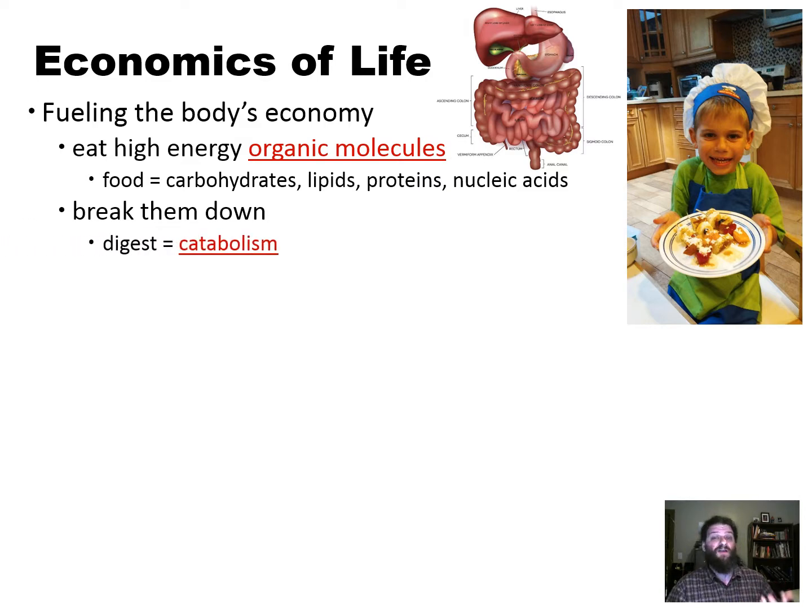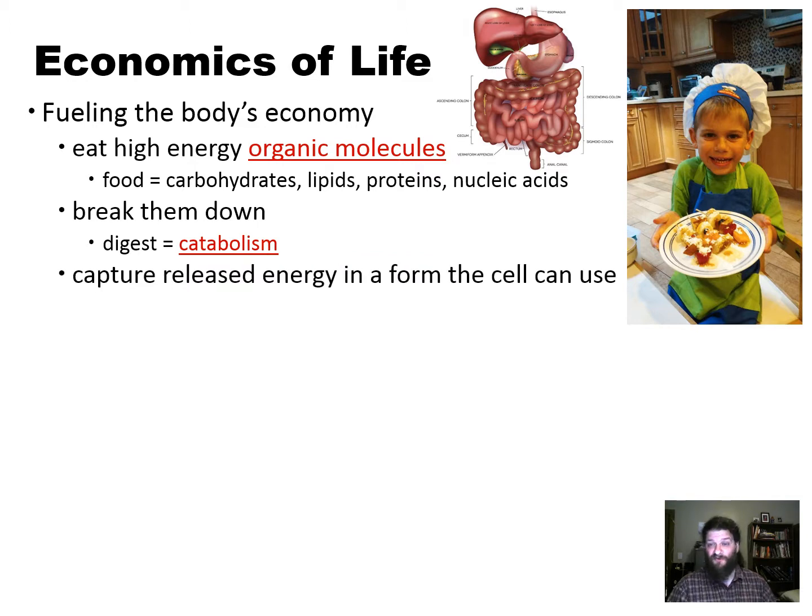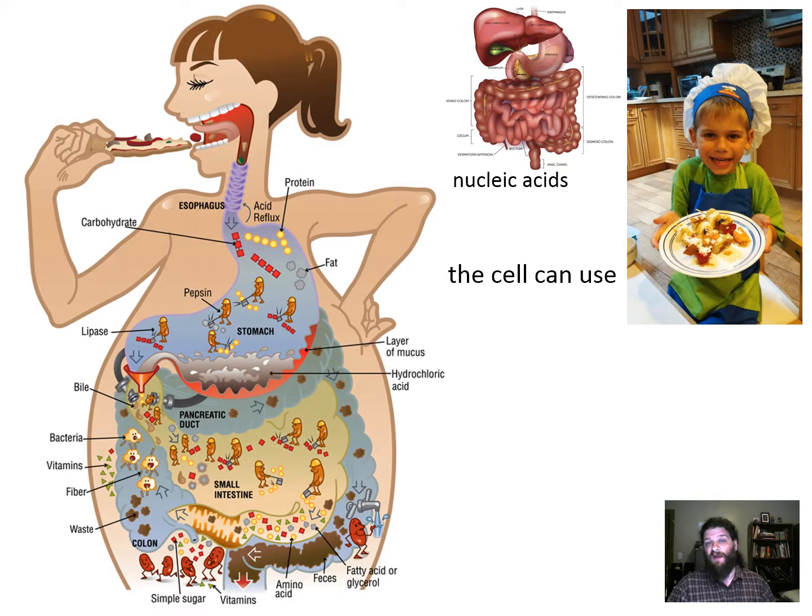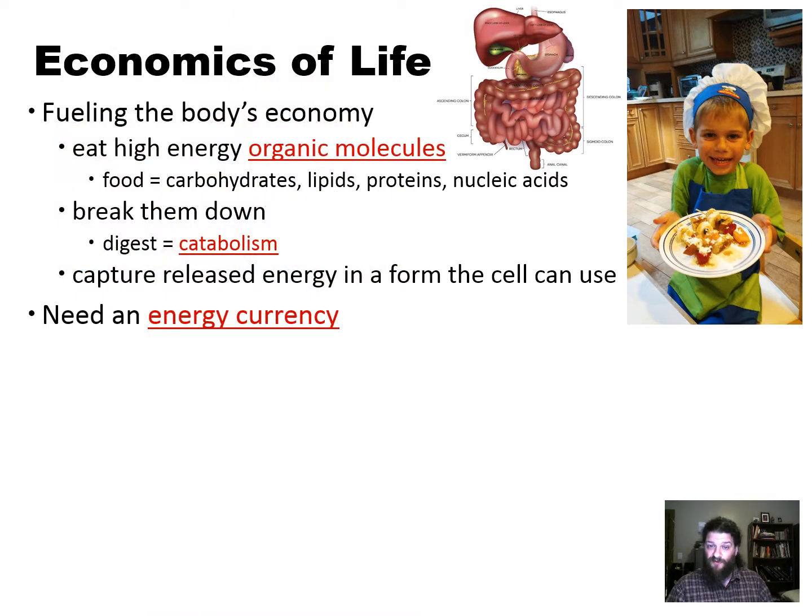And on a cellular level, we use this catabolism, this breakdown of these molecules, to transfer that energy from the food molecules into a form that can be used by the cell. And that's really the job of our digestive system, like I said, to bring that food close enough to us, give it a big old hug, and break it down so that it's in a form that can be absorbed.